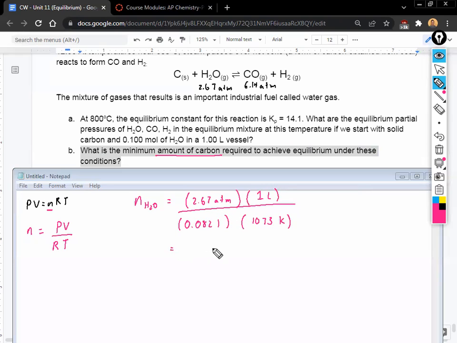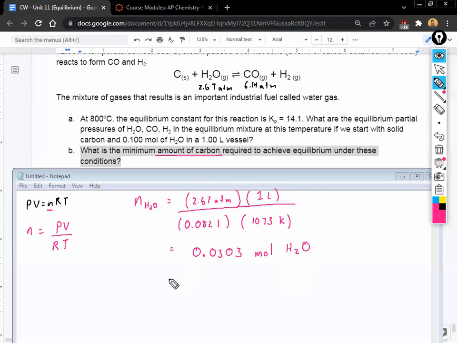Sorry, let me grab my calculator. 2.67 divided by 0.0821 divided by 1073. That'll give us 0.0303, and that's going to be moles of H2O. Okay. Any questions on that?